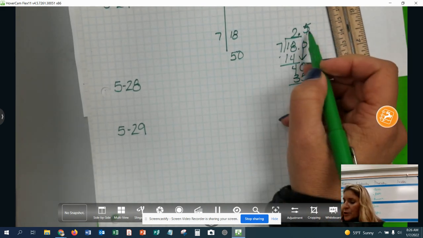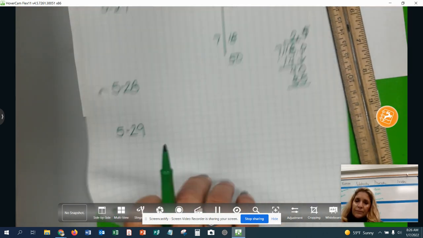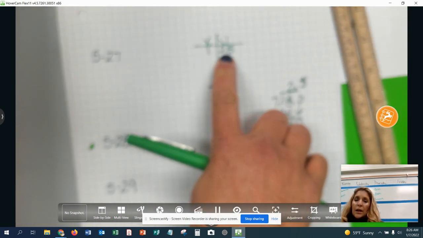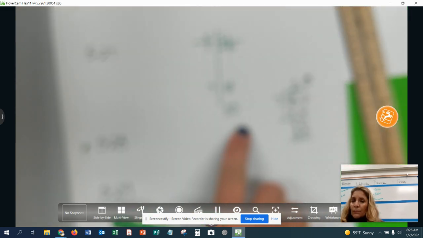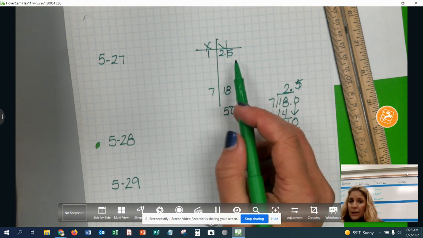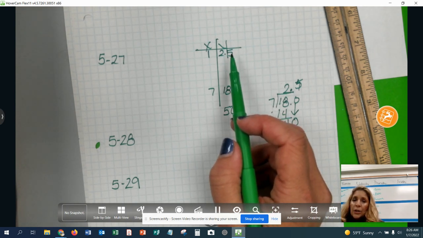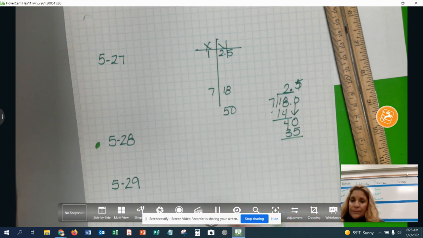Perfect. So you have 2.5. So the unit rate for every minute, she goes 2.5 blocks. So in this, you're just going to take this 2.5 and divide it into 50, and then you'll get your time.